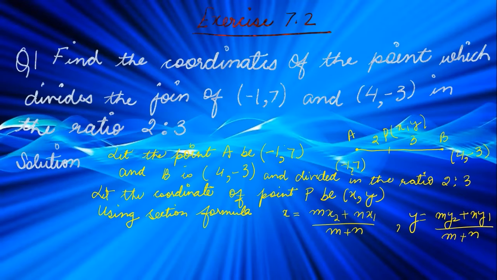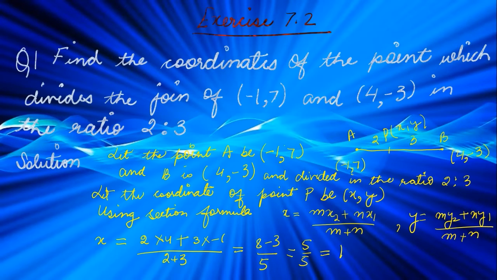Okay. Now put the values. x is (2 into 4 plus 3 into -1) upon (2 plus 3). So it will be (8 minus 3) upon 5. So it is 5 upon 5, or you can say 1.